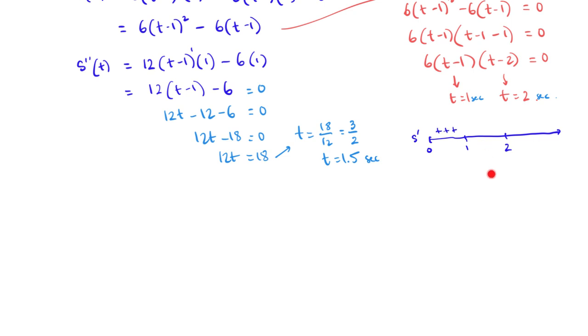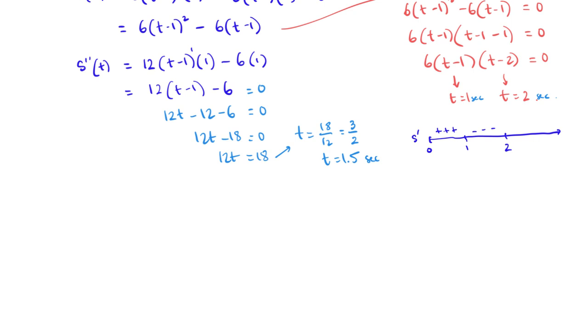We then pick a number in the second interval from 1 to 2, such as 1.5, but any number will do. We plug 1.5 into the first derivative to test its sign. In the first factor, 1.5 minus 1 is positive, and in the second factor, 1.5 minus 2 is negative, so 6 times a positive times a negative is negative, and so the first derivative is negative in the second interval from 1 to 2.